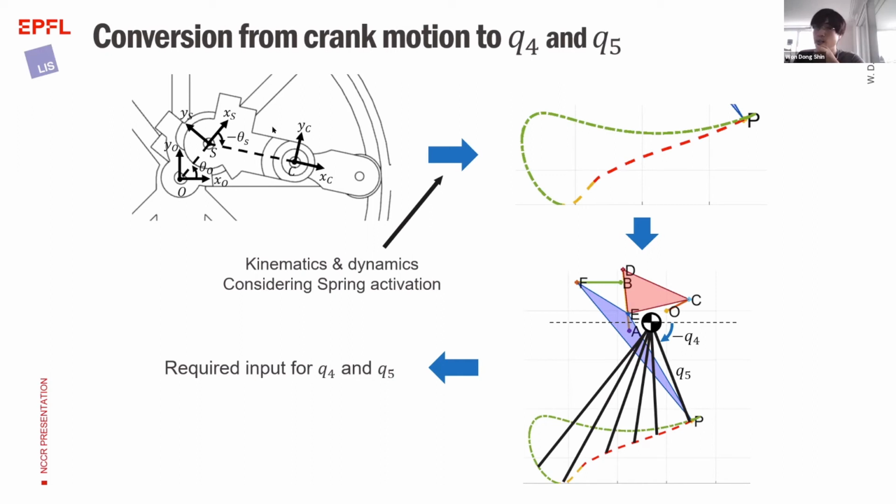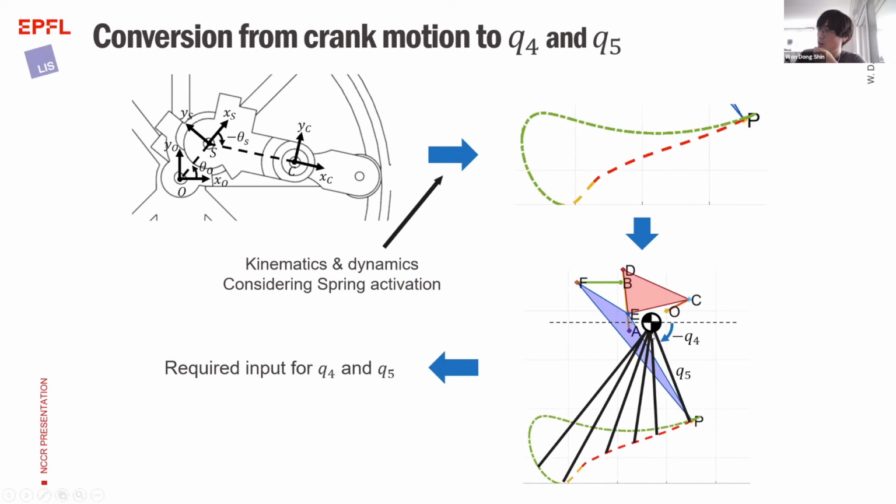First, we have to convert from the inverted cam joint motion to foot trajectory using kinematics and dynamics. From there, we had to consider the spring activation when the crank leaves the shell. And the foot trajectory was converted to Q4 and Q5 using geometry, as you can see here.